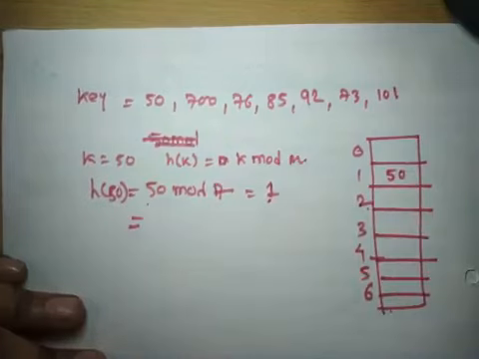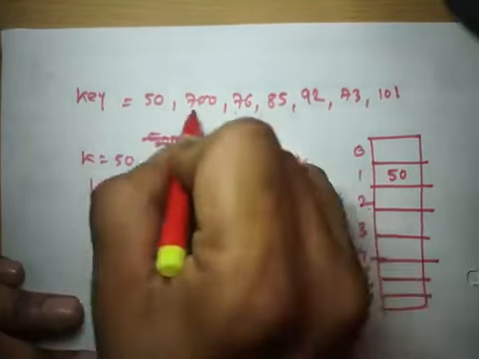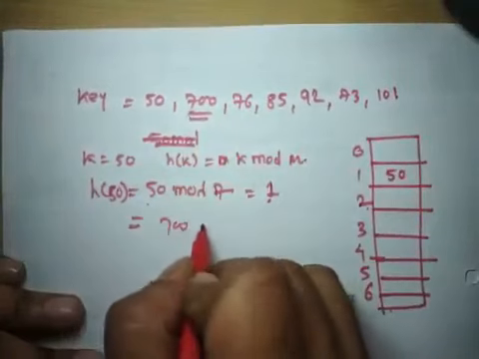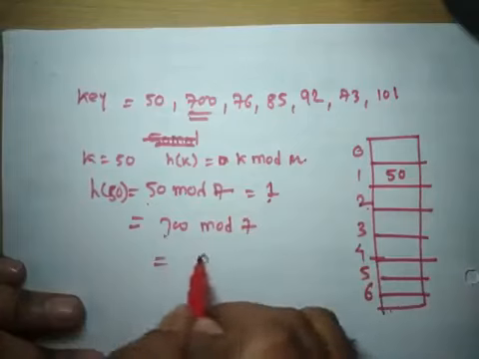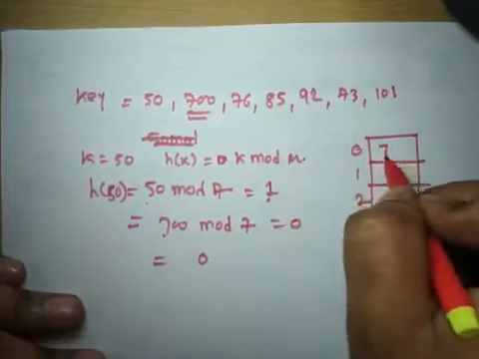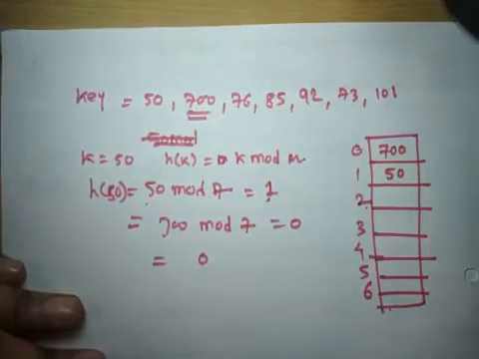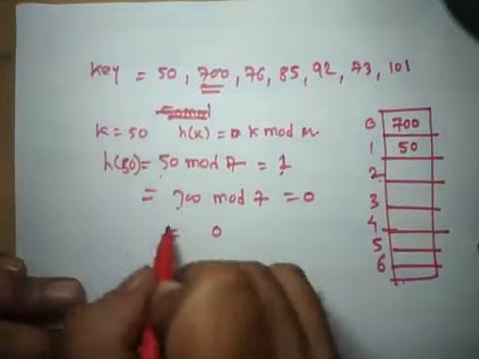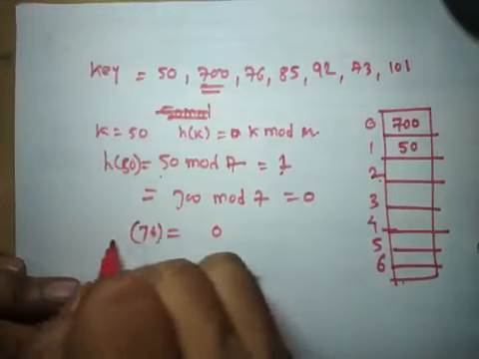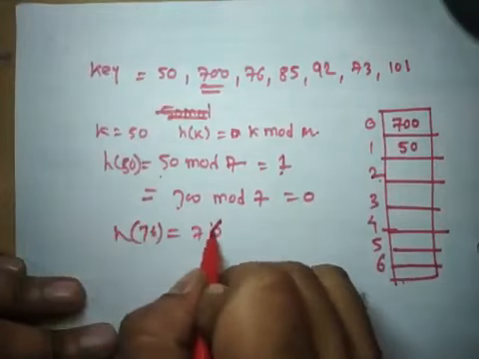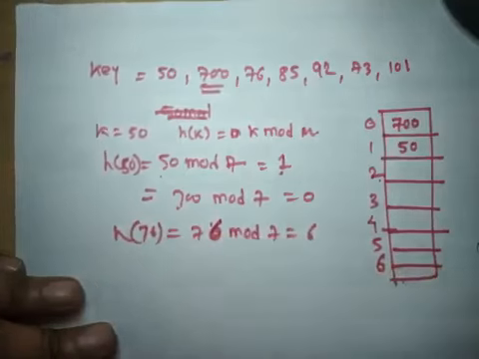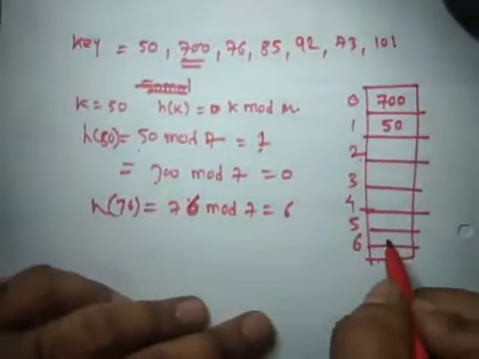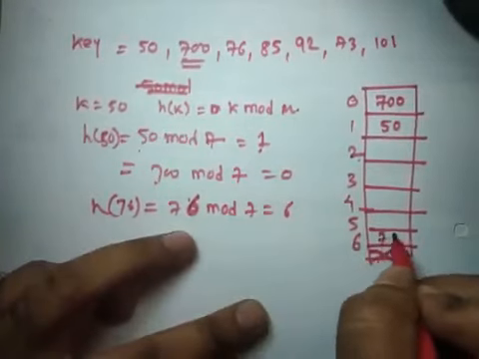Now let's take an example of 700. 700 mod 7 will produce index location 0, so at index location 0, 700 will be put. Now let's take 76 as a key value. 76 mod 7 will produce index location 6, so at index location 6 we are going to store 76.